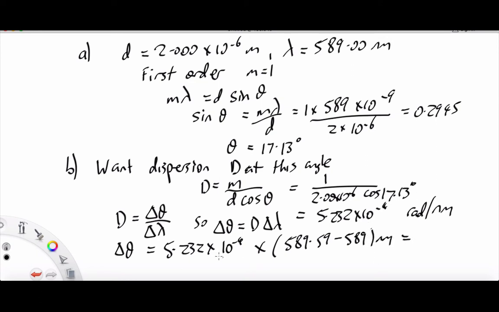That gives us 5.232 by 10 to the minus 4 radians per nanometer times 0.59 nanometers, which is 3.087 by 10 to the minus 4 radians. Then we multiply that by 180 over pi to get 0.0177 degrees.